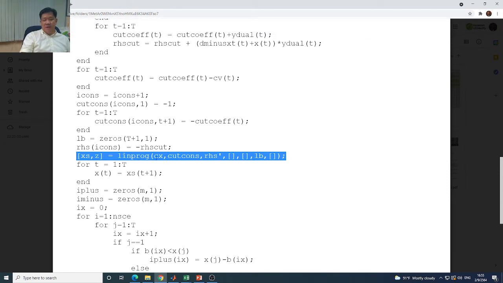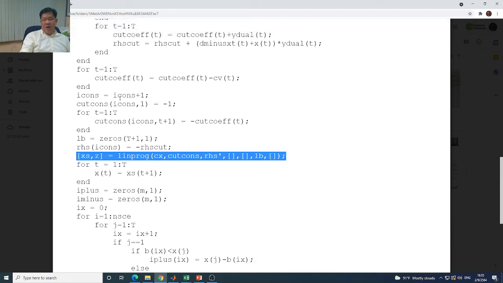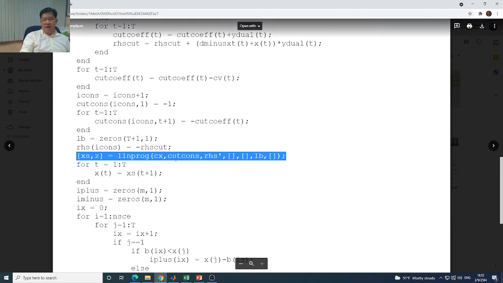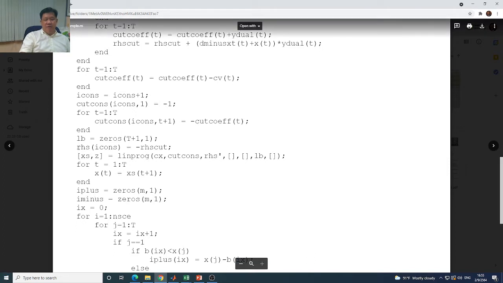The objective function is cx and the cut constraints. Keep adding one at a time, because the constraints start to increase. So this one is dynamic iteration. After each iteration, the number of rows will increase by 1 as the number of loops increases. And the right hand side, in this case we put the right hand side as a row vector here.